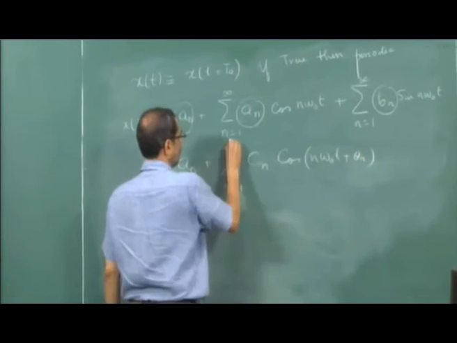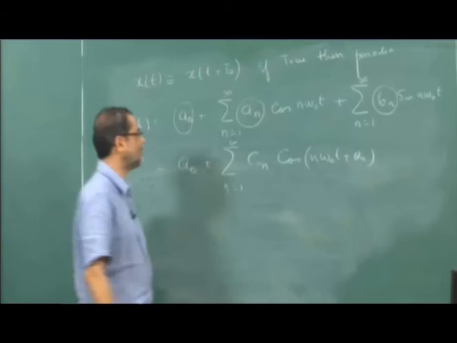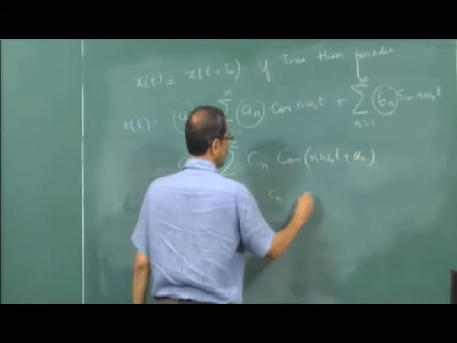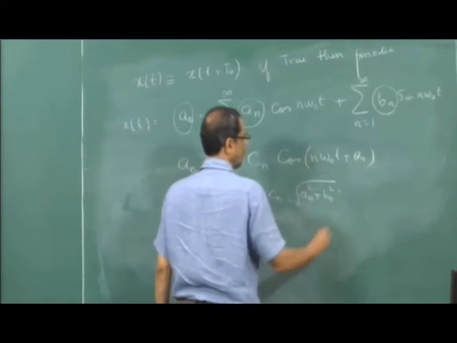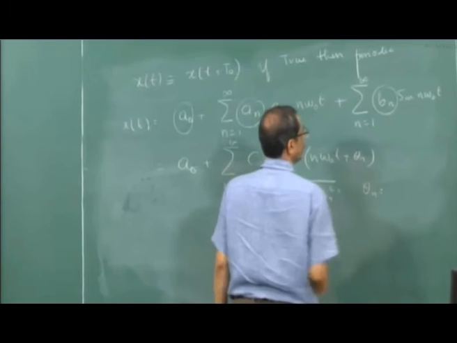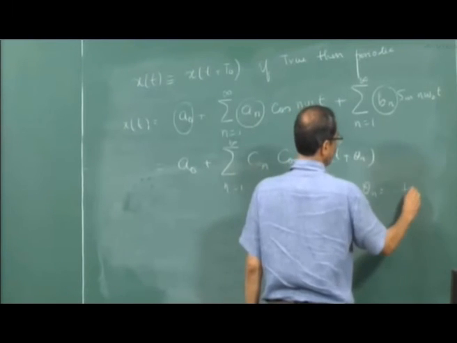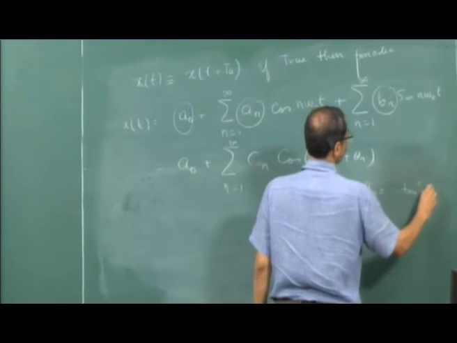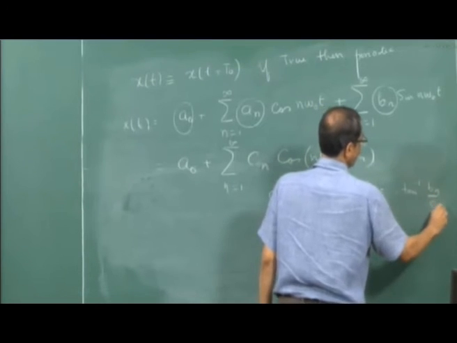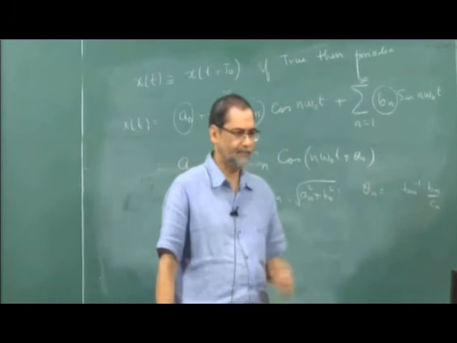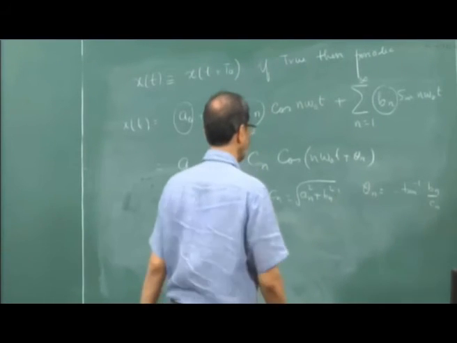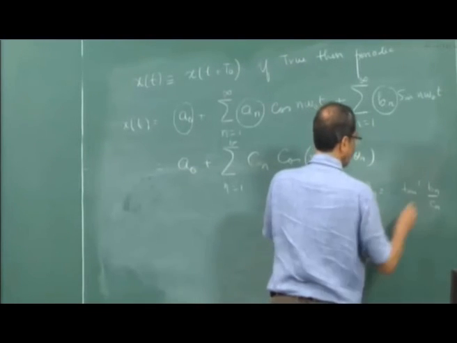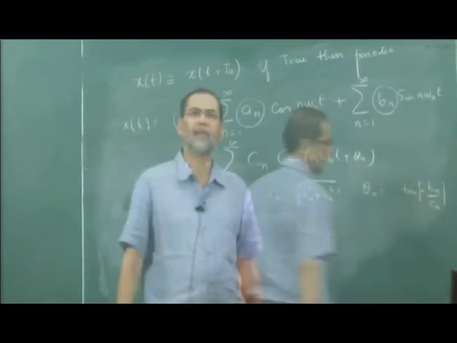So a slightly more compact expression, where you can show that Cn is the square root of an square plus bn square, and theta n is, I think, minus tan inverse of bn by an, something like this. Okay, let me just check. Yes. Oh, sorry, it's minus bn here, minus bn, and it can be shown.